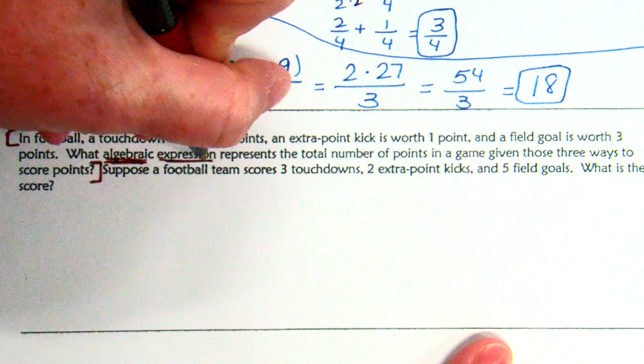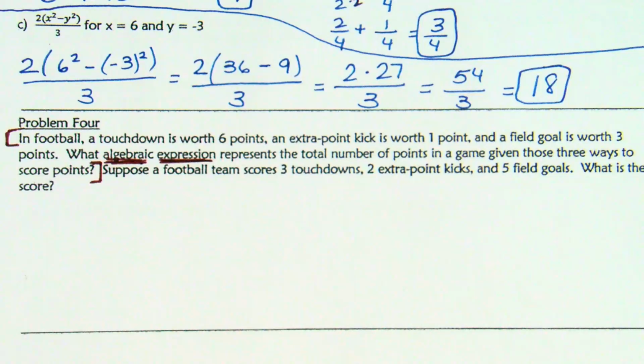Stop reading right there. In other words, I'm ignoring that last sentence right now because I have a question to answer on the previous sentence. What algebraic expression represents the total number of points in a game given those 3 ways to score? Thoughts?